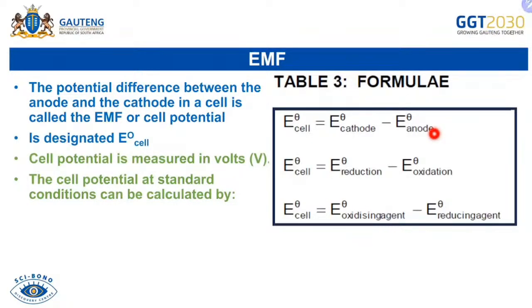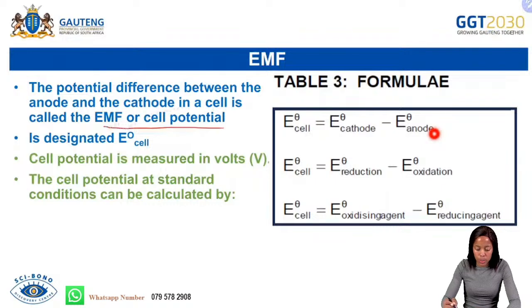Next, we have the EMF. It says the potential difference between the anode and the cathode in a cell is called the what? Is called the EMF or the cell potential there. Now, where are you going to get that? You're going to get that from your formula sheet. And then it says the cell potential is designated E cell.